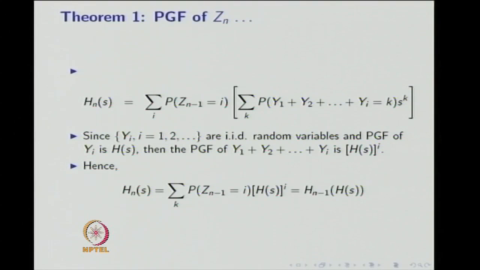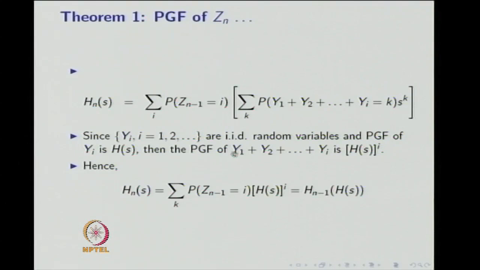Since yi's are IID random variables and the probability generating function of yi's is nothing but h of s, the probability generating function of sum of i random variables yi's is nothing but h of s whole power i, because yi's are IID random variables and the probability generating function of yi is equal to h of s.